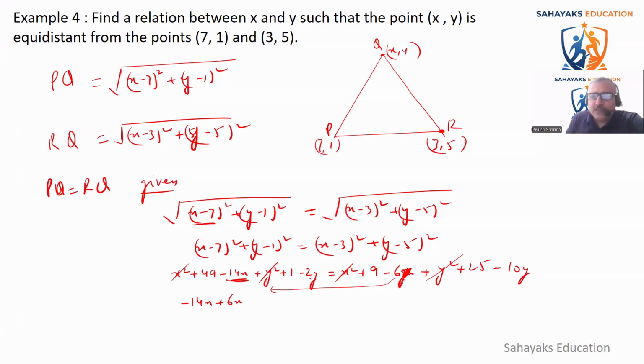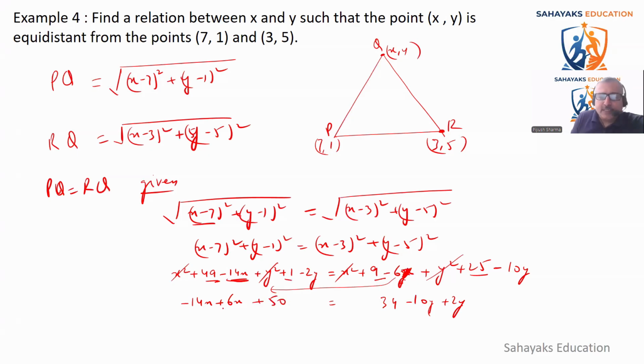And I'm moving the values of y on the other side. So it becomes minus 10y plus 2y. And I'll keep 25 plus 9. 25 plus 9 is 34. Okay, and here it is 49 plus 1 is 50.